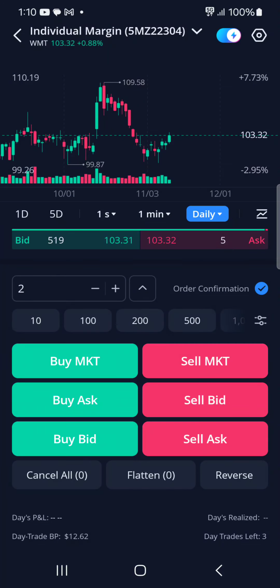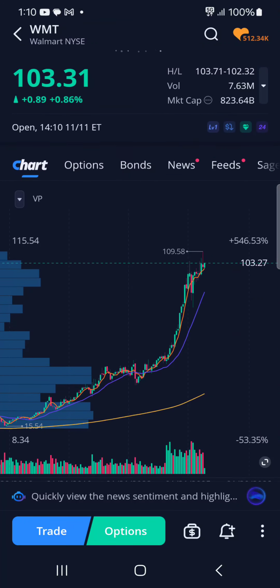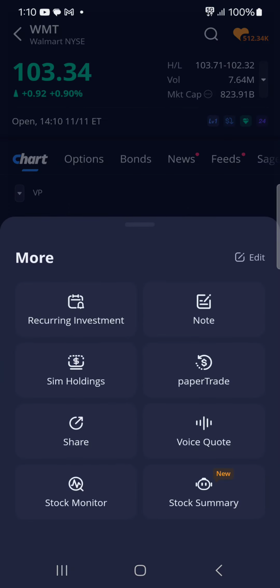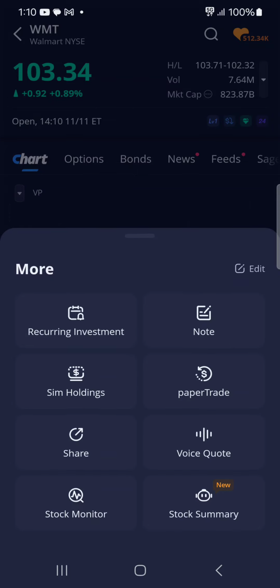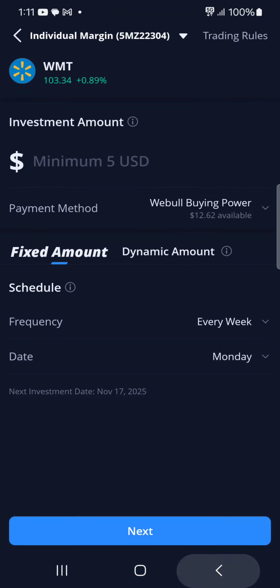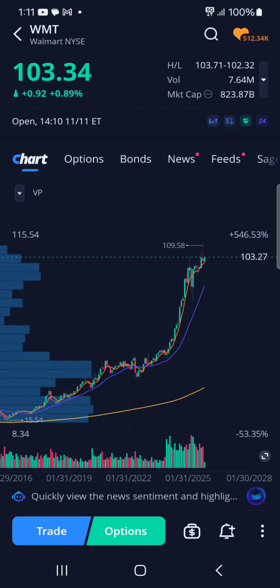But first you gotta deposit some money in here. Recurring investment. So the way it works is as soon as the money from your account gets deposited into here, you have the option to buy whatever stocks that you want.